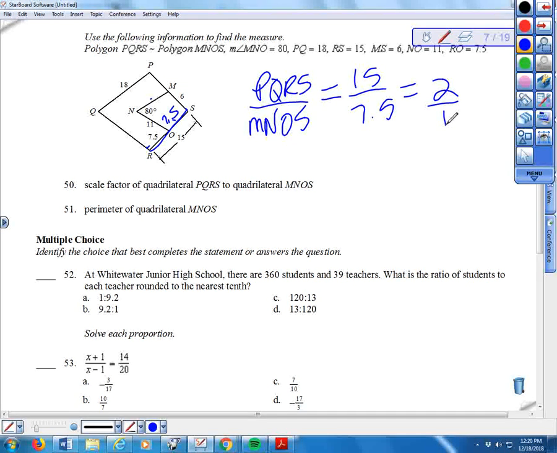Okay. What's the perimeter of the small one? What's the shortcut, once you know the scale factor, for finding the perimeter of two similar figures? Do I need to find all the sides of both? Well, am I given anything that helps me with the perimeter of the big one?